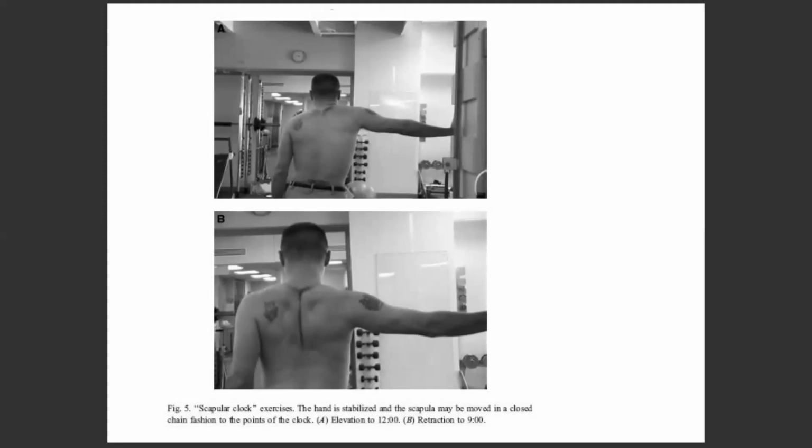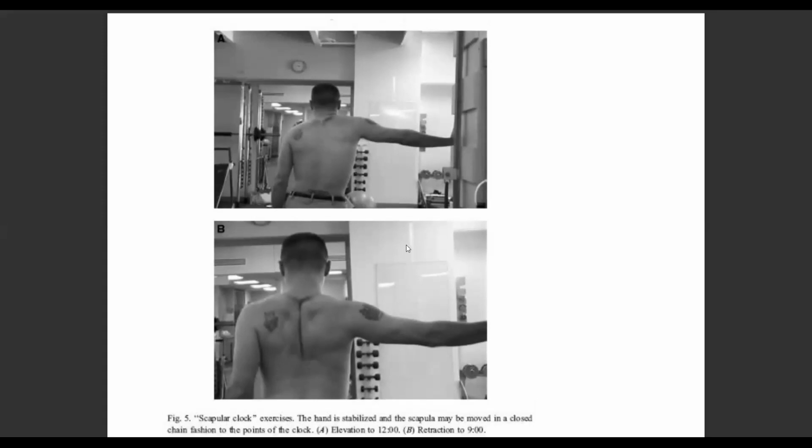These exercises are known as the scapular clock exercises. These exercises include some support on the wall. The hand will be stabilized on the wall and the scapula may be moved in a closed chain fashion to the points of the clock. That's why this is known as the scapular clock.